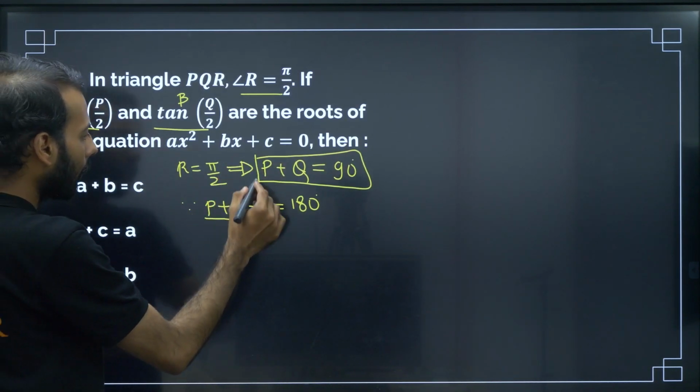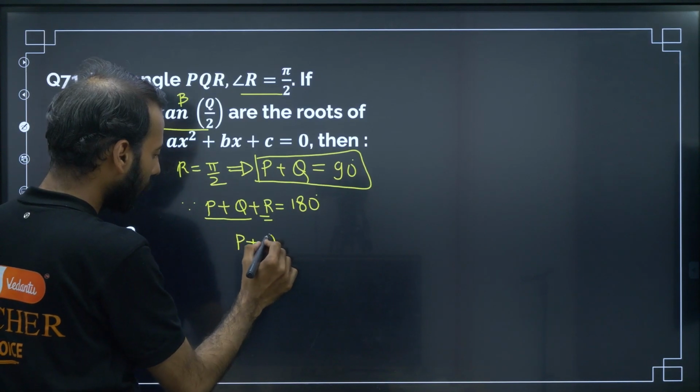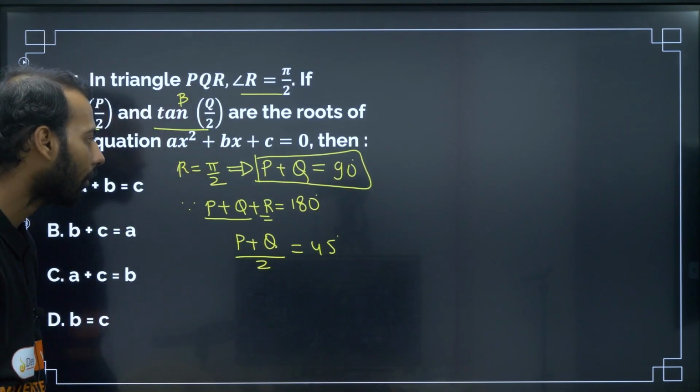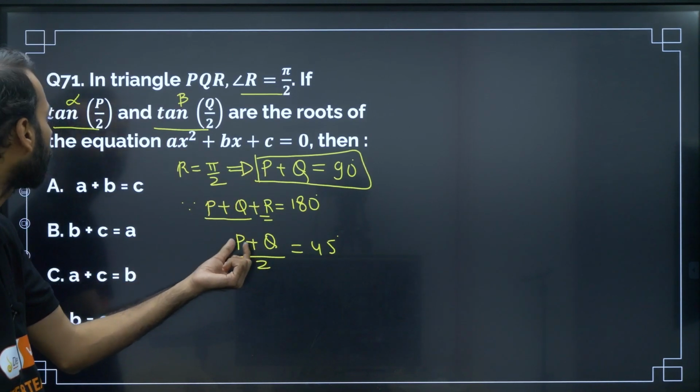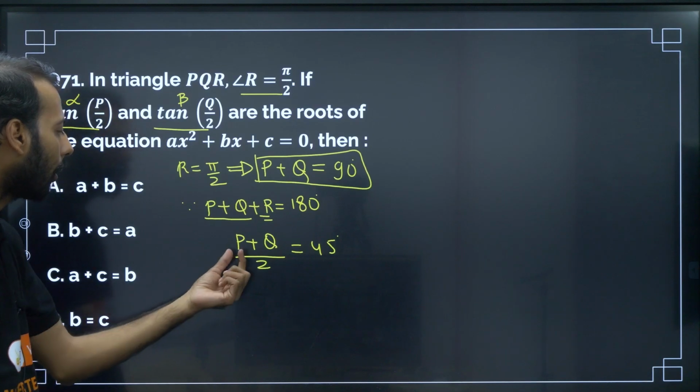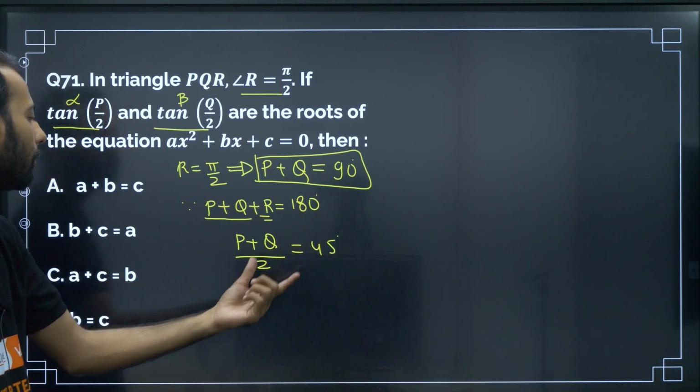Now P plus Q by 2 is 45 degrees. Why is it 45 degrees and why am I doing this? If you observe tan p by 2, tan q by 2, they are asking something like this. So I am considering p by 2 and q by 2.